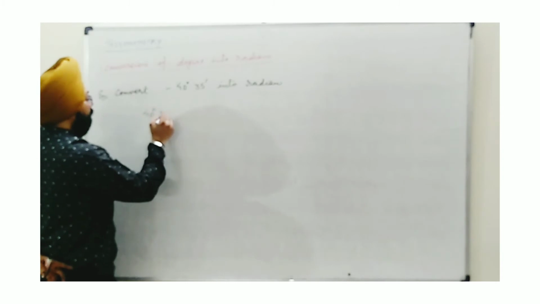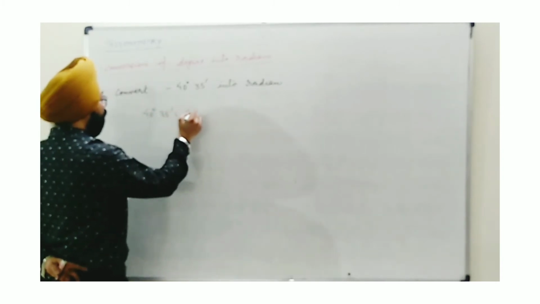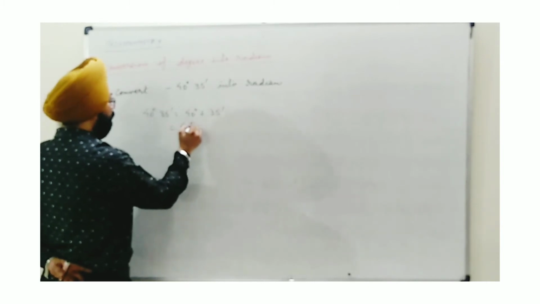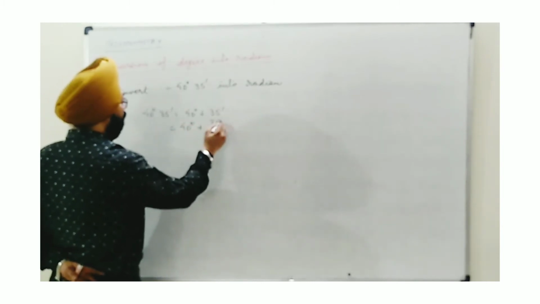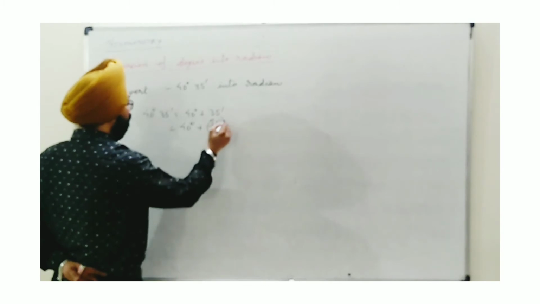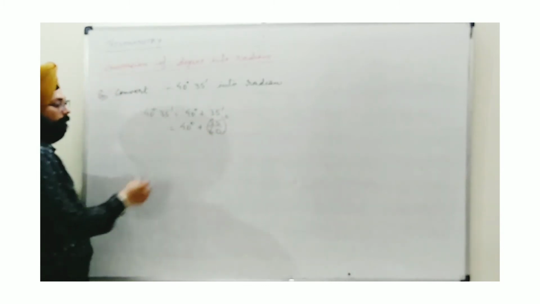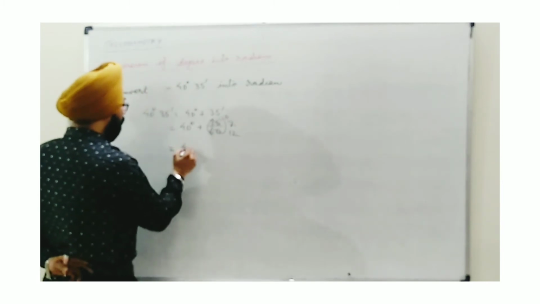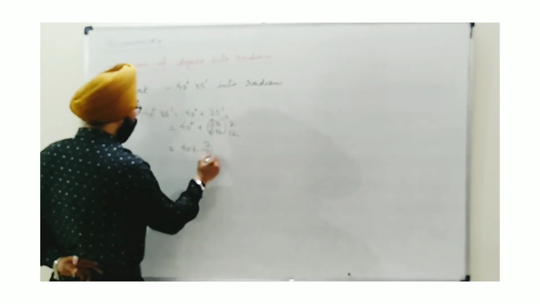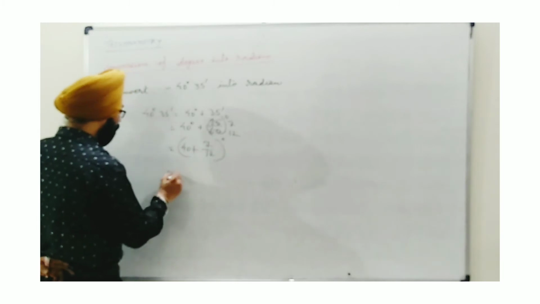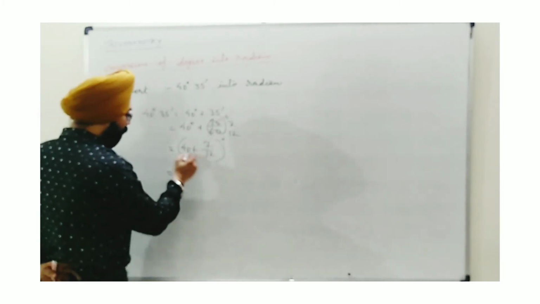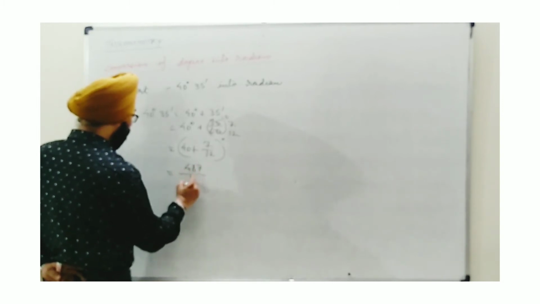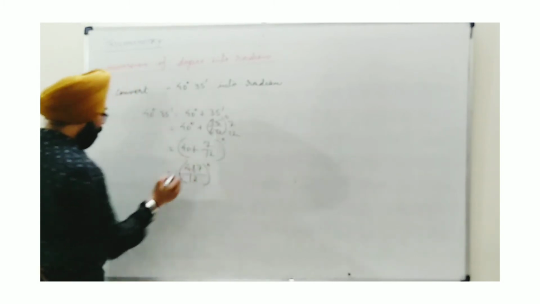Like 40 degree, 35 minutes will be written as 40 plus 35 minutes here. 35 divided by 60 we get in degree. Simplifying, 5 7s are 35, 12 5s are 60, then 40 plus 7 upon 12, this becomes the degree value required. So this will become 12 4s are 48, 480 and 7. 487 upon 12, this becomes in degree.